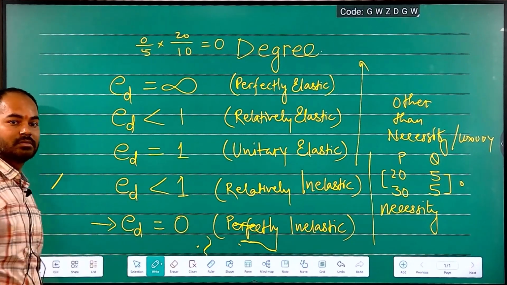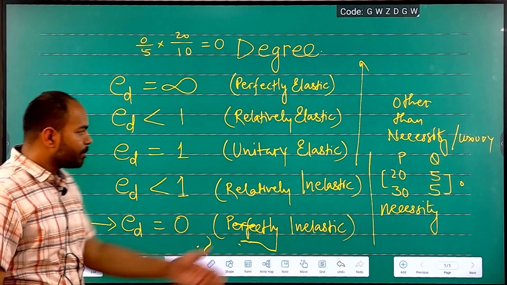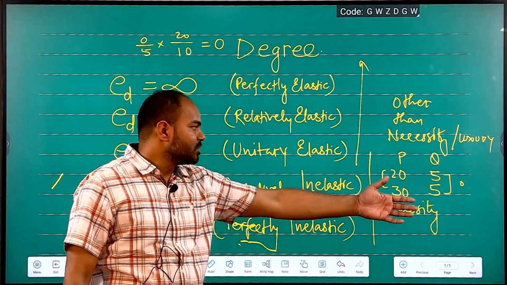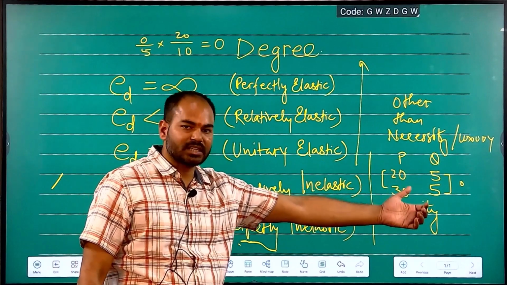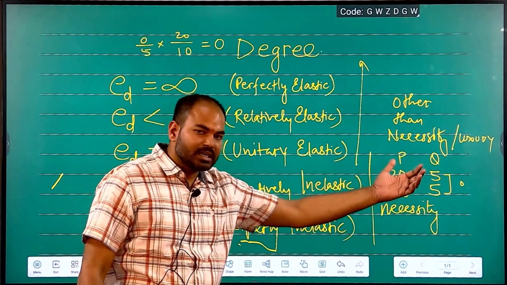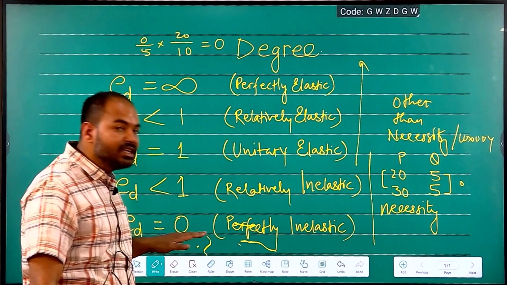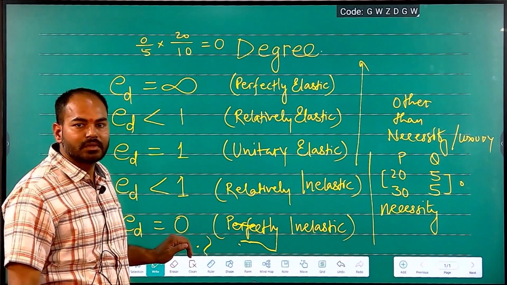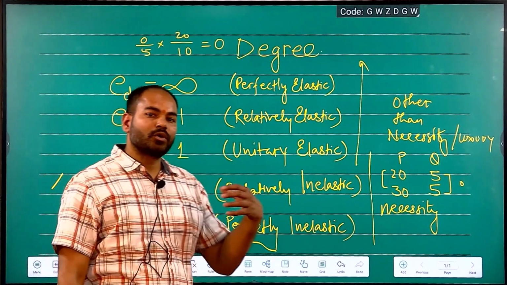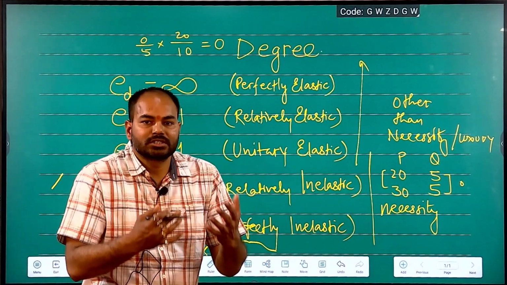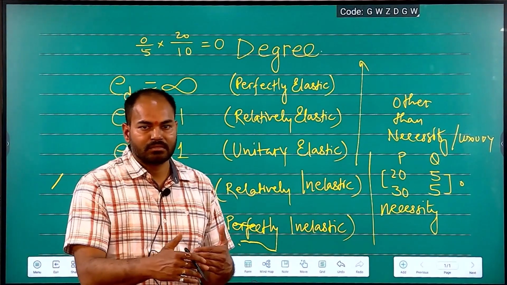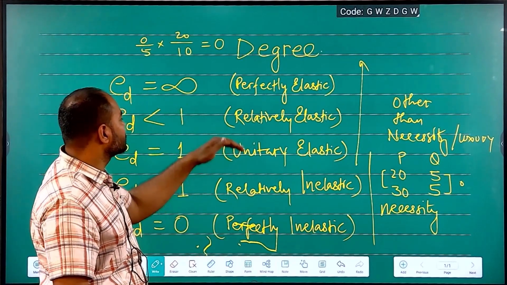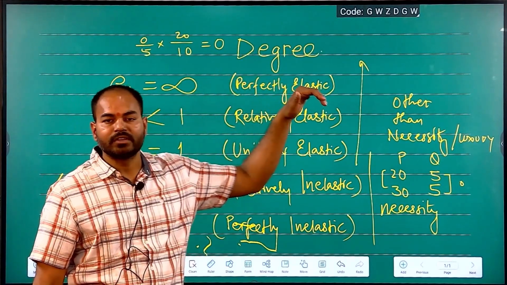This means when the product is the most necessity kind of product, or an extremely necessity kind of product, the value of elasticity would be near to 0. If the product is more luxurious, or you can postpone the consumption of that product, in that case the answer would be more near to infinity.